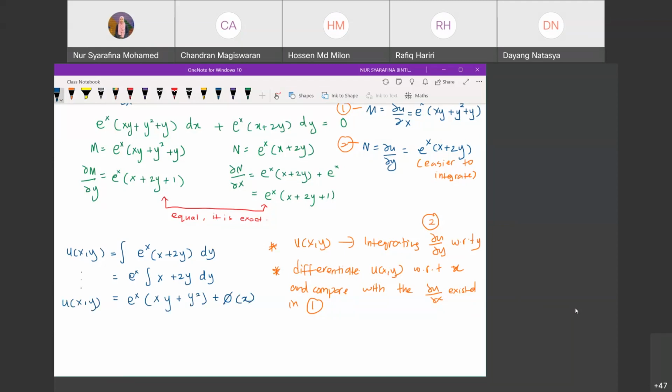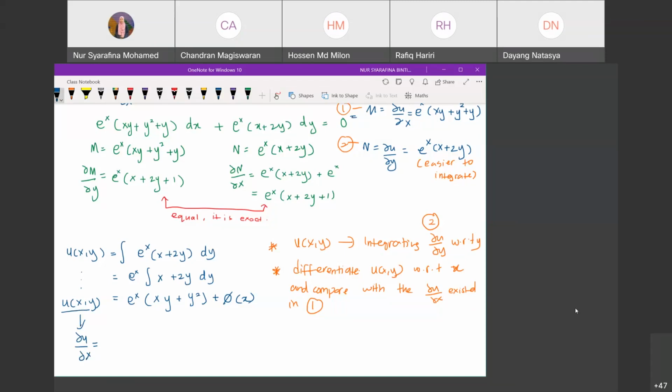Okay, now differentiate u(x,y) with respect to x and compare with del u del x existed in the first equation.